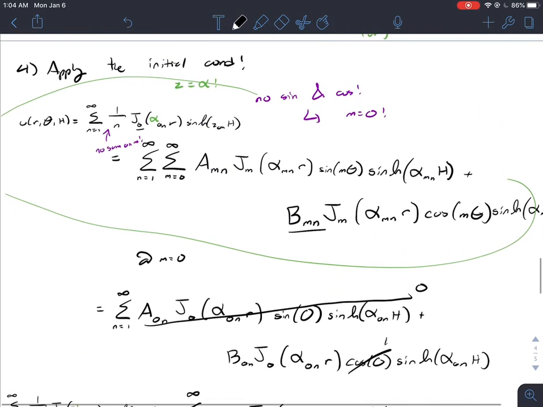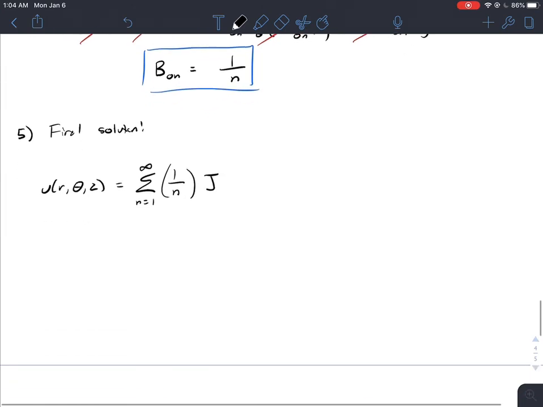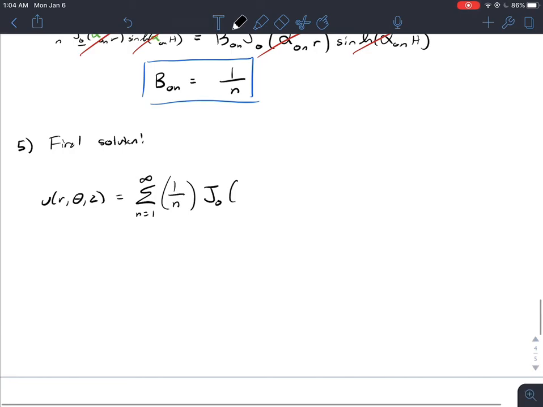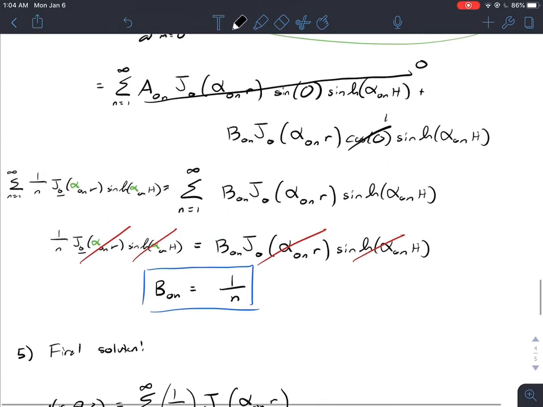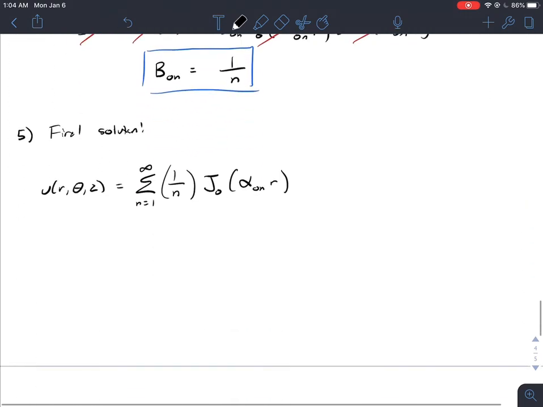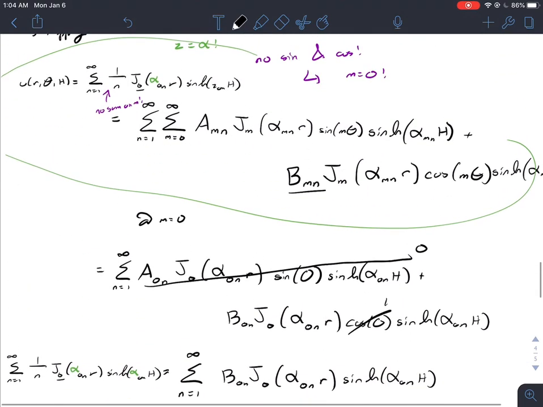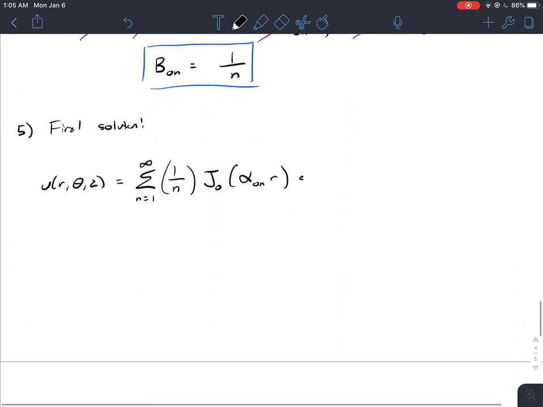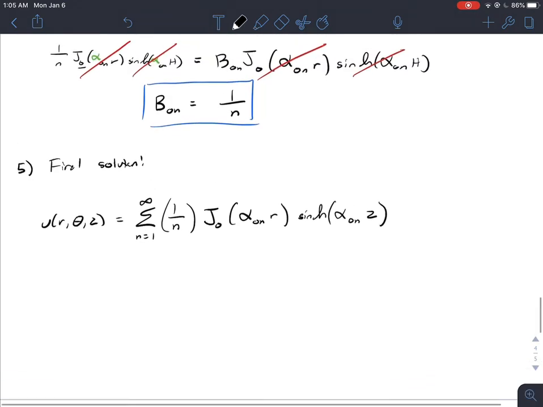That's our b0n term, times J0, because remember we're looking at J0, of alpha 0n r, times cosine 0, which is 1, times sinh of alpha 0n z.